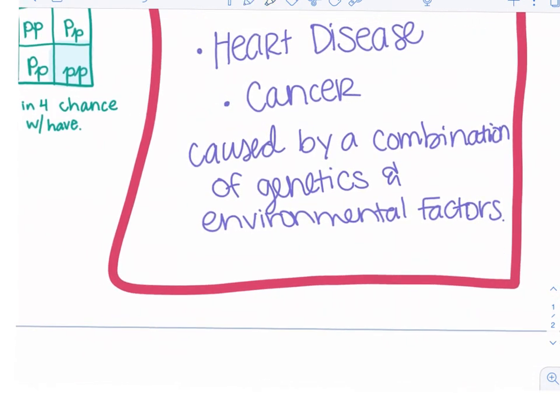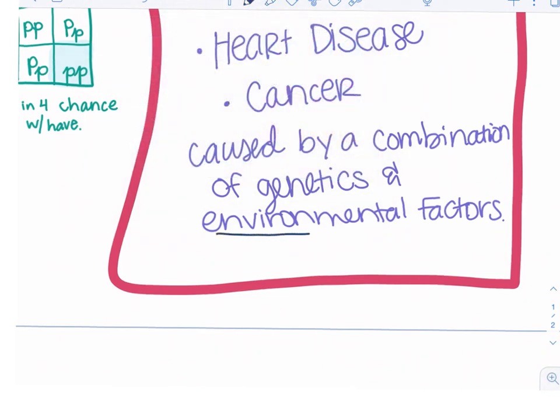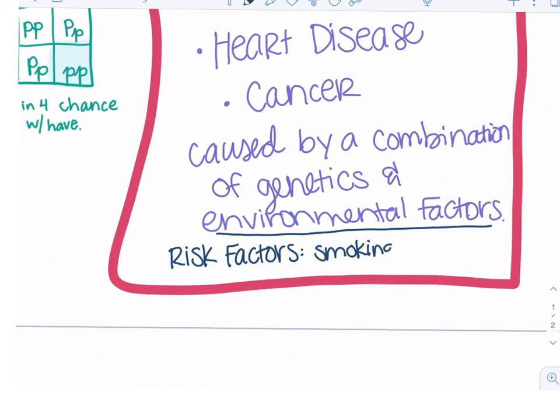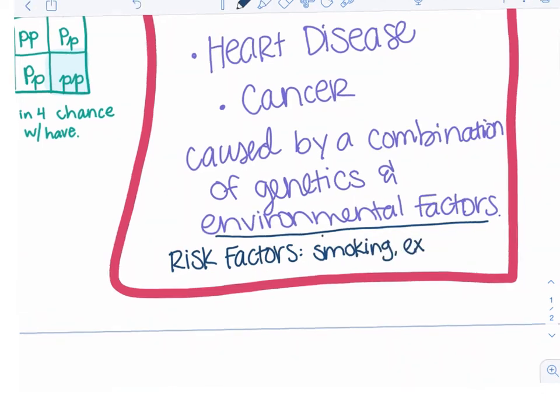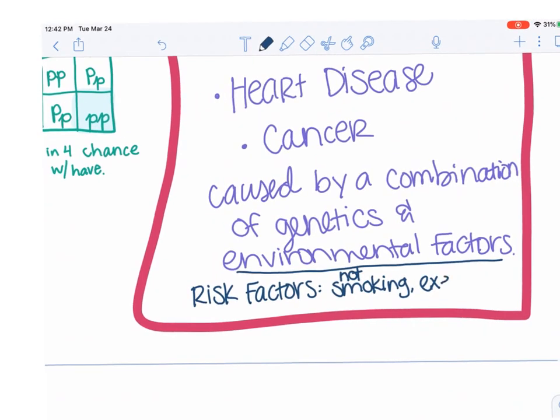You cannot change your DNA, but you can control your environmental factors, or what you've probably heard them called, just risk factors. Things like smoking, exercise, or of course, if we're going for the positive, we're going to not smoke. We are going to exercise.